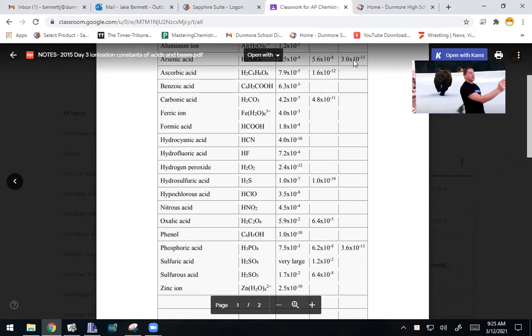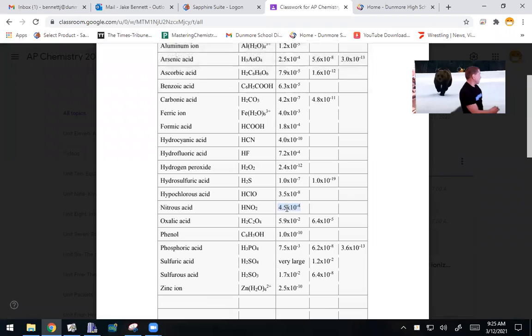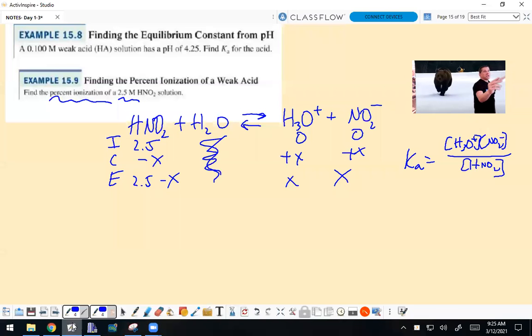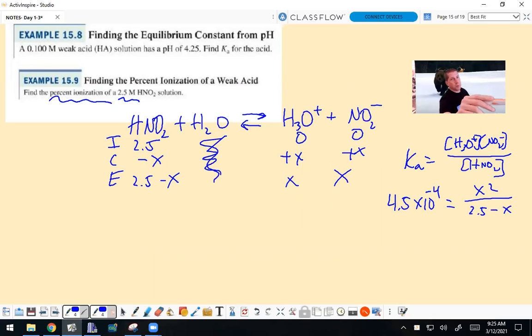All right, so we need 4.5, it's this one right here, 4.5 times 10 to the minus 4, so the Ka is 4.5 times 10 to the minus 4. Now that equals x squared over 2.5 minus x.